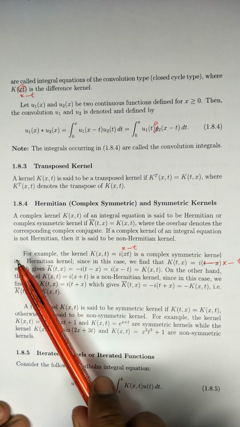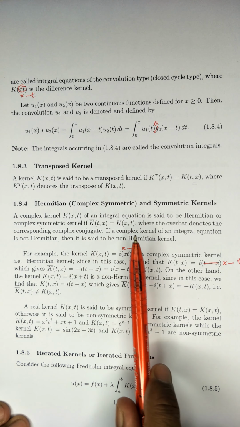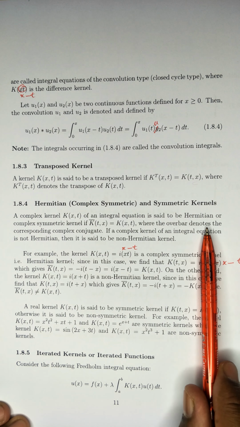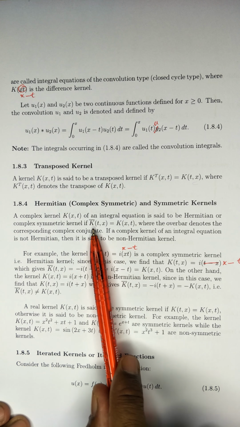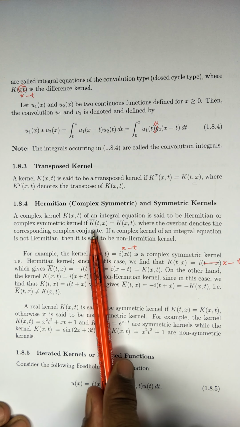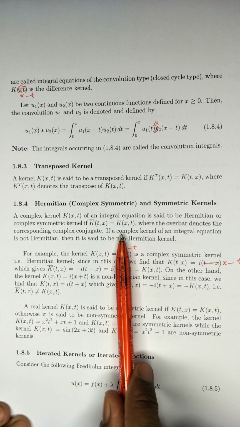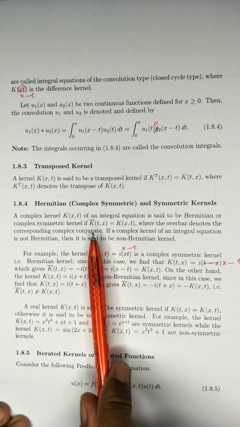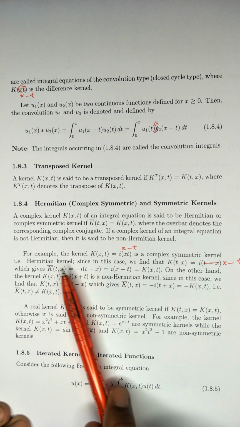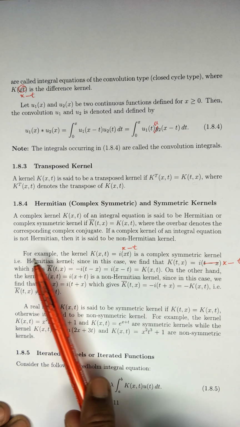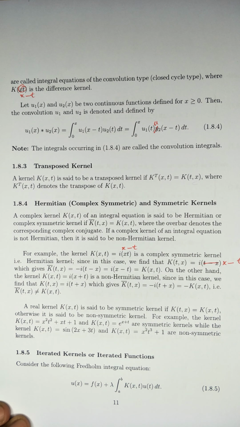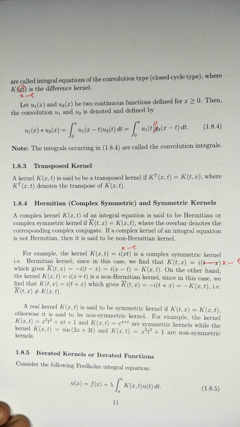The complex kernel K of an integral equation is said to be Hermitian or complex symmetric if the conjugate of K is equal to K, where the overbar denotes the conjugate. If a complex kernel of an integral equation is not Hermitian, then it is said to be a non-Hermitian kernel.